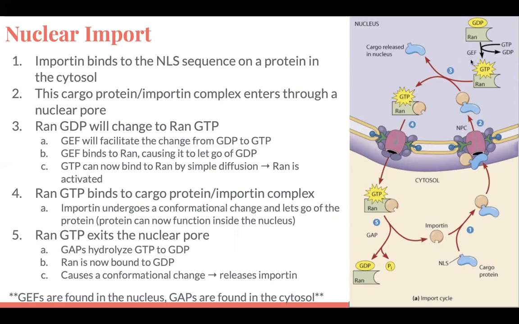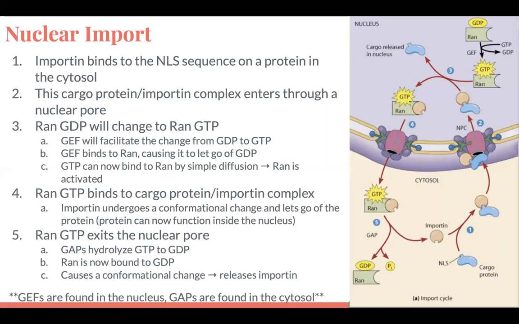After RAN is activated by GTP, it is allowed to bind to importin. After it binds to importin, some conformational change happens and importin will release the cargo protein, which is now able to function inside the nucleus and do whatever it needs to do.